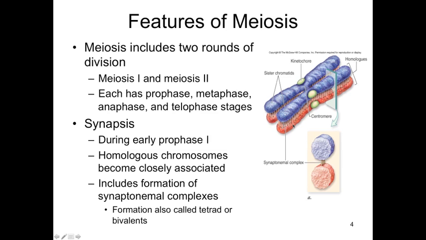They become so closely associated that we see the formation of these synaptonemal complexes in between each homologue. Once they've become this tightly associated through the synaptonemal complexes, we call them a tetrad. So we have new terminology here. A tetrad is a homologous replicated pair during prophase 1. So the 4 sister chromatids together are a tetrad.